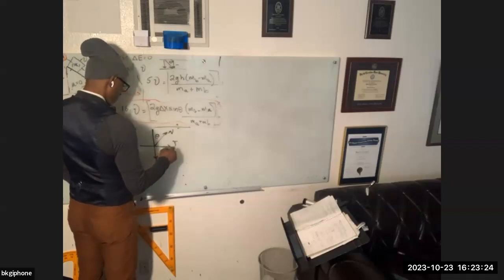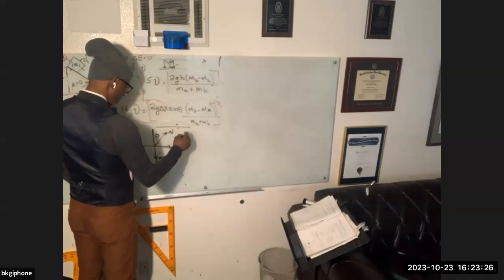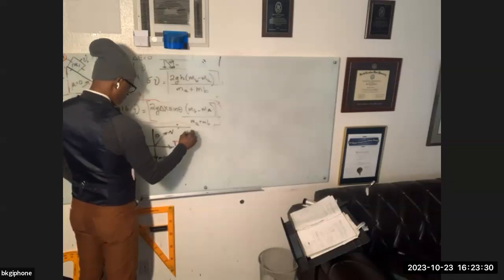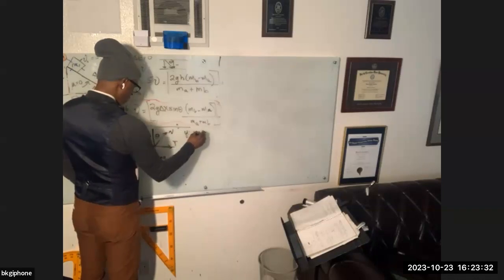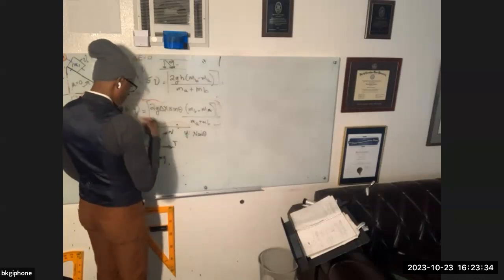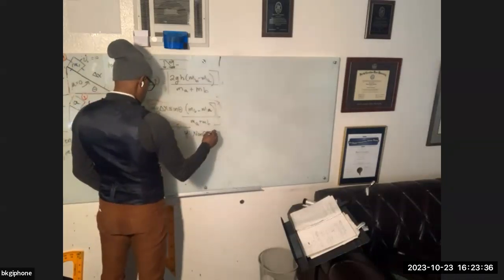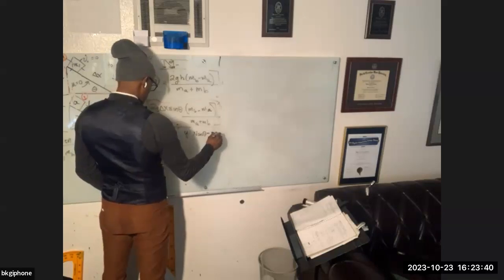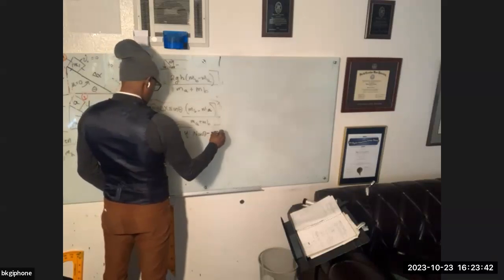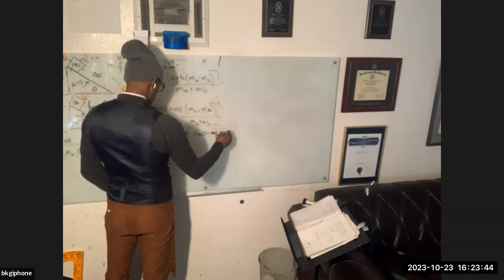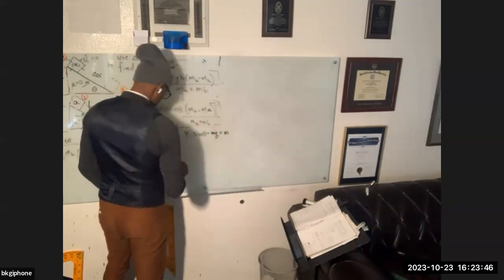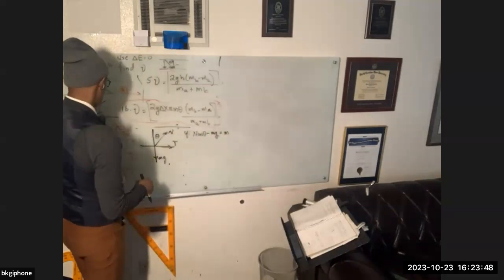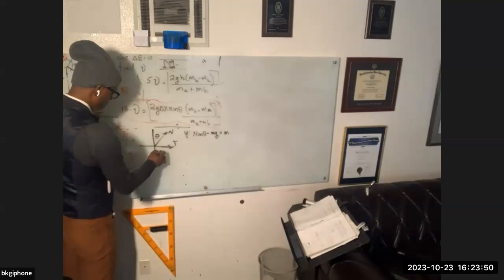So vertically, in the y direction, I'll have n cosine of theta minus mg equals m times the acceleration, and this acceleration is down the plane.